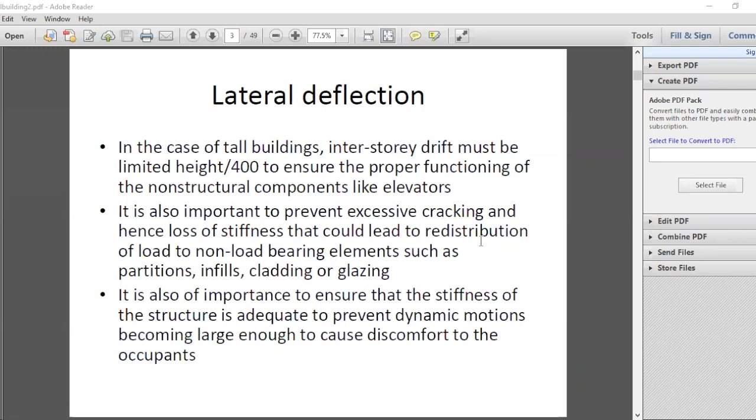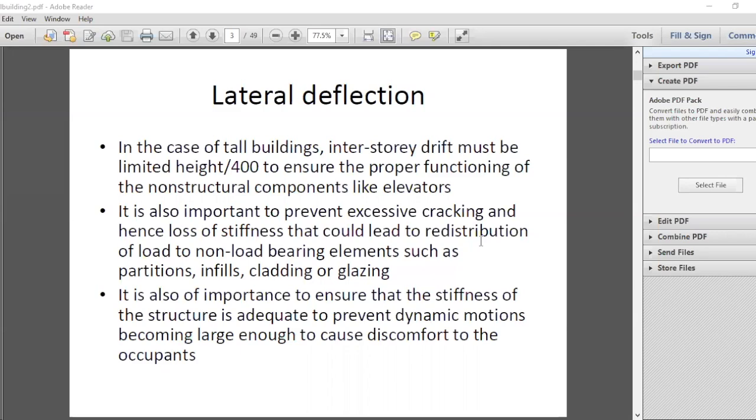To make sure that the lifts can function properly, we have to limit what we call interstory drift, or the deflection of a floor with respect to the floor below, to something like height over 400. And sometimes even height over 300 may be okay. But height over 400 can be considered as a very good value.